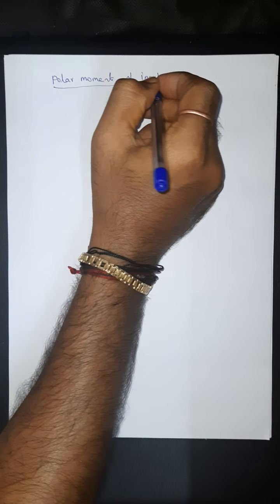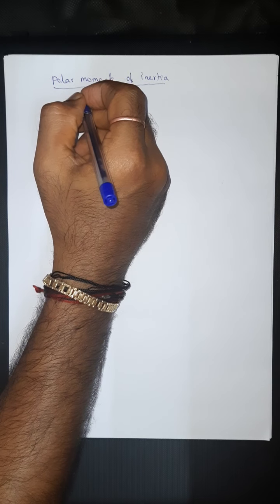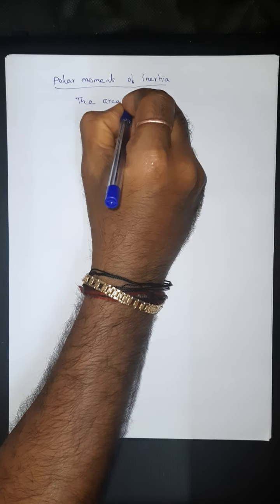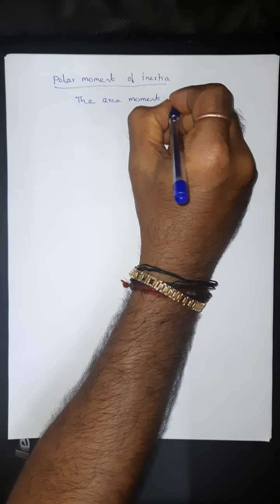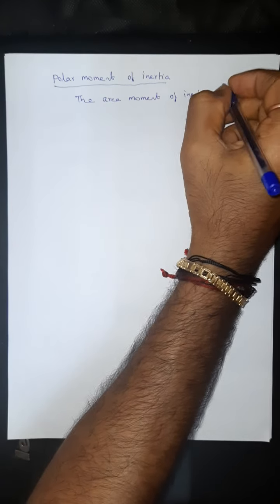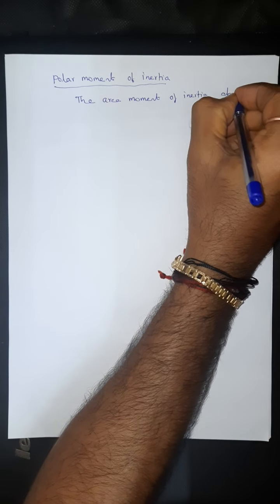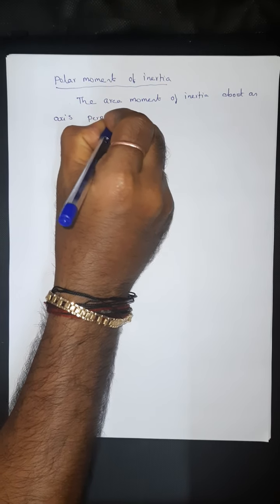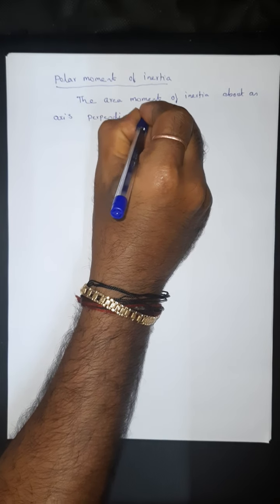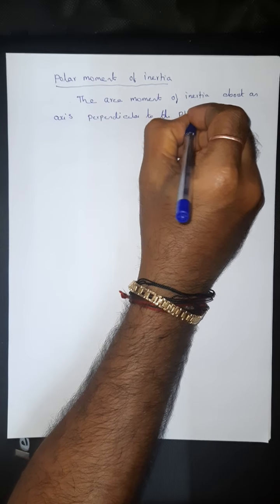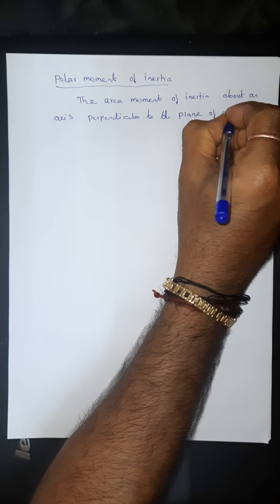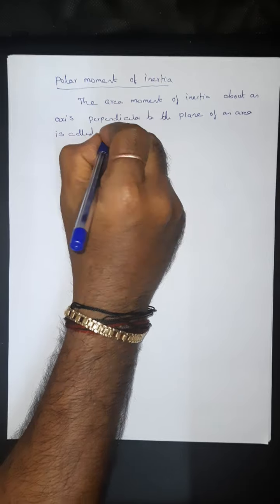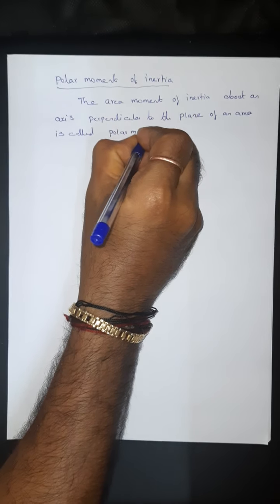Okay. Fine. So the definition of the polar moment of inertia is: the area moment of inertia about an axis which is perpendicular to the plane of an area is called polar moment of inertia.